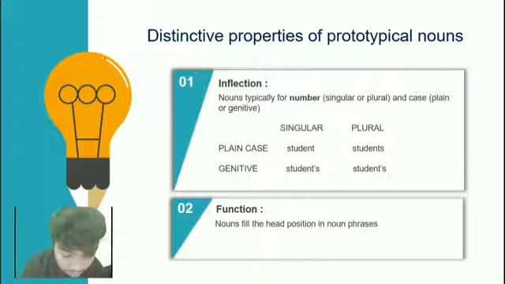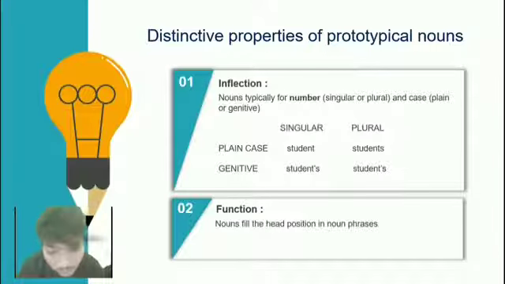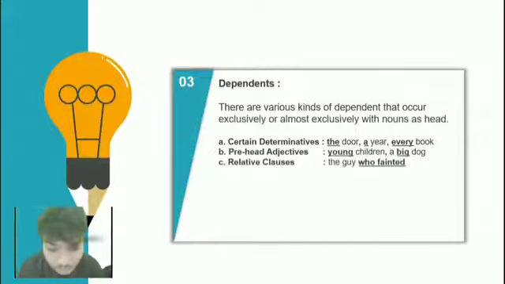We can see the following examples: in plain case, the singular is student and the plural is students, but in genitive case the singular is student's with an apostrophe and the plural is students' with an apostrophe as well. And the function is that nouns fill the head position in a noun phrase.